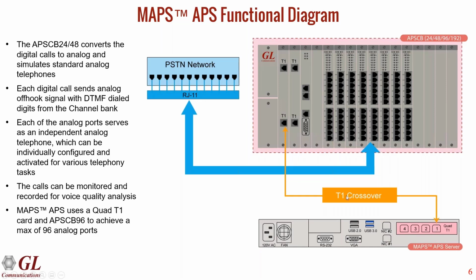So via a crossover cable it goes from our T1 port in our rack PC to a T1 port on the channel bank. And the channel bank will then break out that T1. As you may recall, T1 has 24 time slots. So you can have theoretically 24 different phone calls happening on each of those time slots. And the channel bank will break that out into these different analog FXO ports here. And then from the channel bank, it'll go out into your network infrastructure, out onto the public switched telephone network.